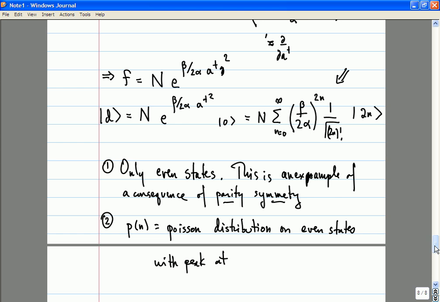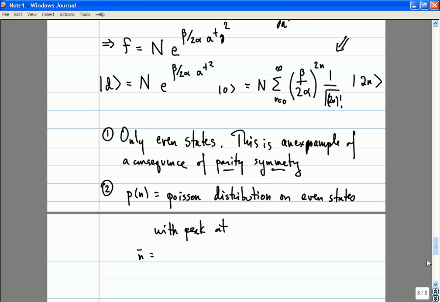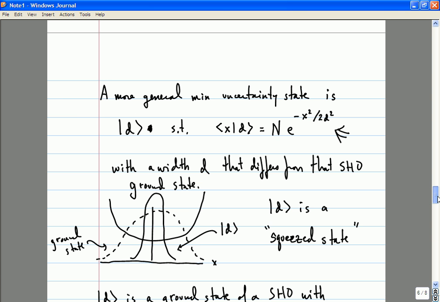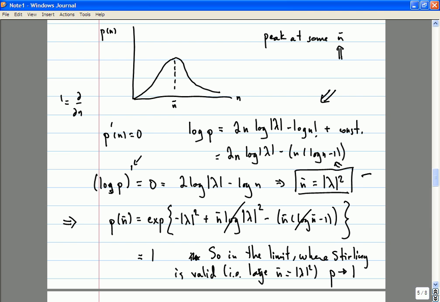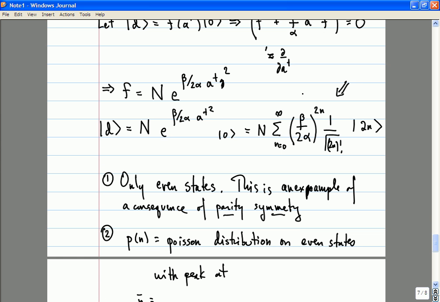So n bar will be, so remember that for the Poisson distribution, the peak was the absolute value of lambda, and let me just remind you up above, the thing that's playing the role of lambda here is that ratio beta over 2 alpha.